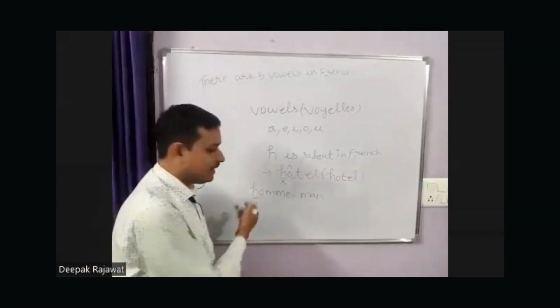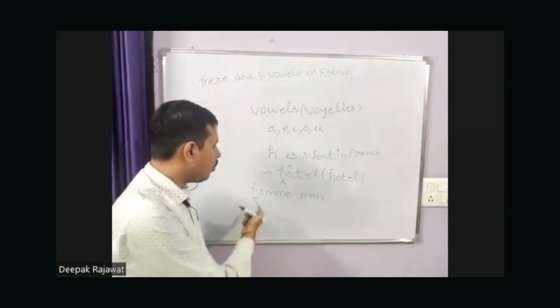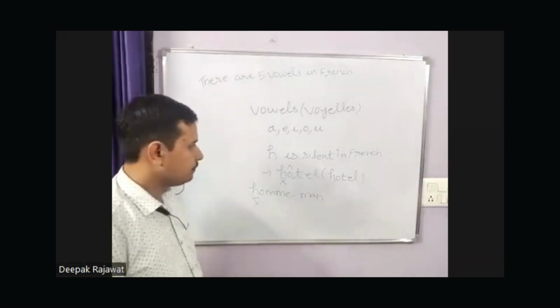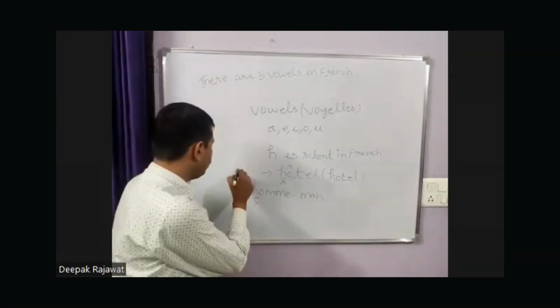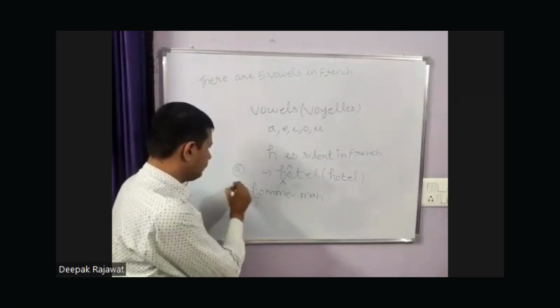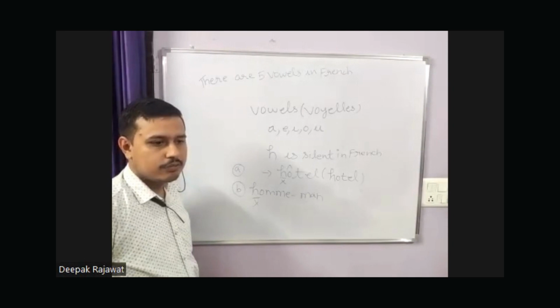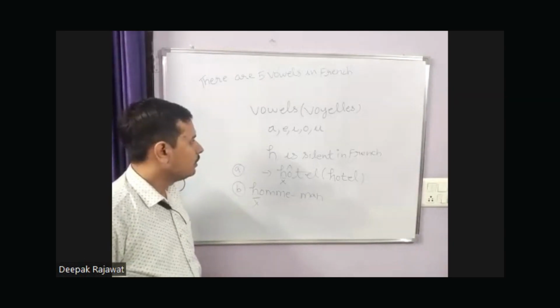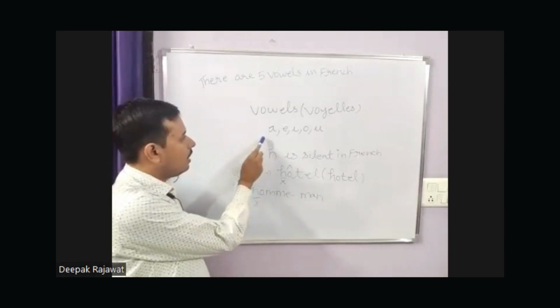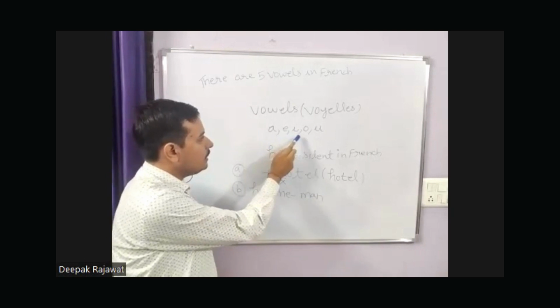This H is silent and O is O. So Om. So here you can write 2 examples. Hotel and Om. And like English, we have 5 vowels in French. A, E, O, U.